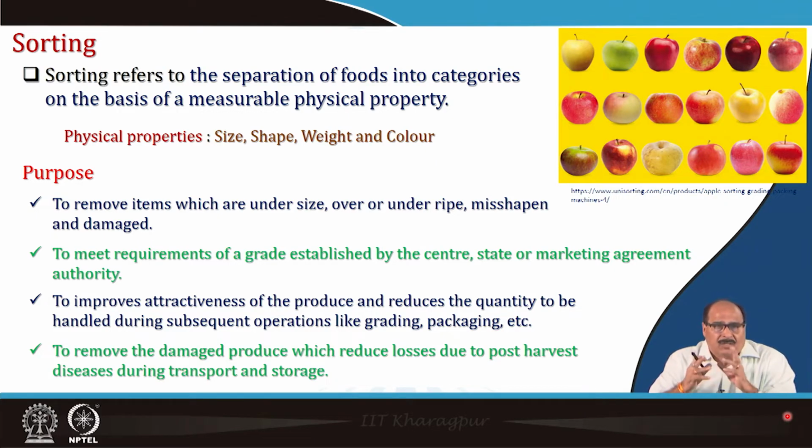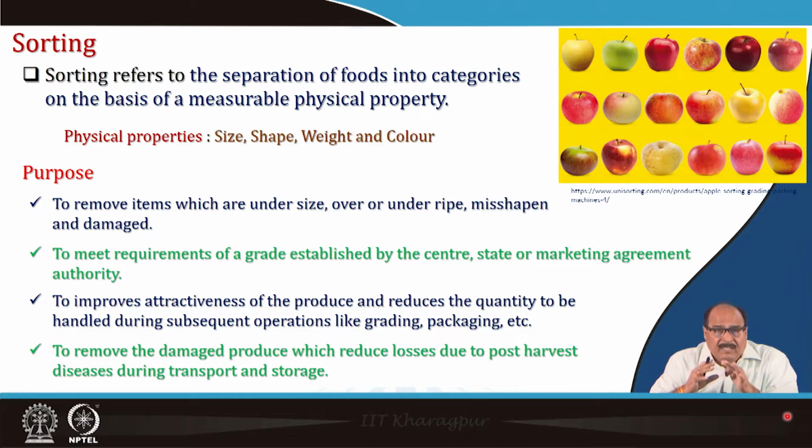The purpose of sorting is to remove items which are undersize, oversize or underripe, and any misshapen and damaged commodities. Sorting is sometimes done to meet the requirements of a grade established by central or state authorities, marketing agreement authorities, or other regulatory agencies of the country.